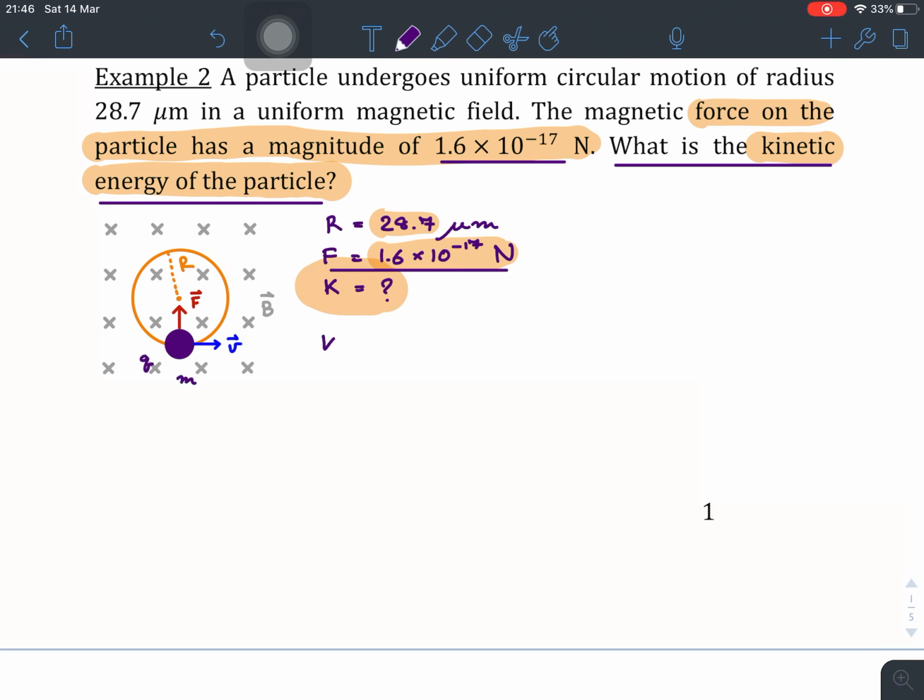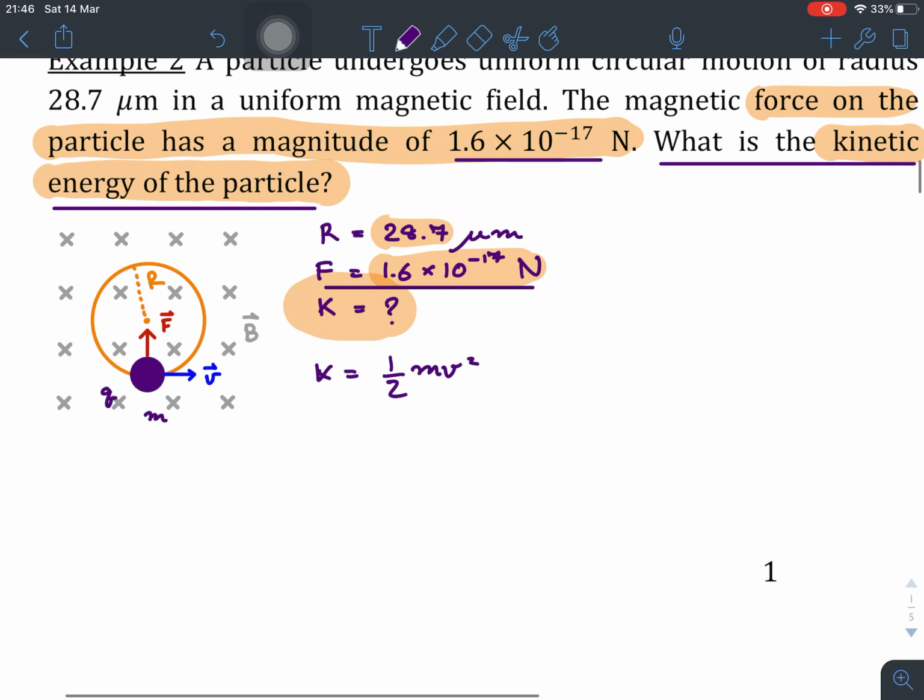So we use K as the kinetic energy. We can start with the definition of the kinetic energy K as half mv squared. And after that, I'll just play around with the equations.